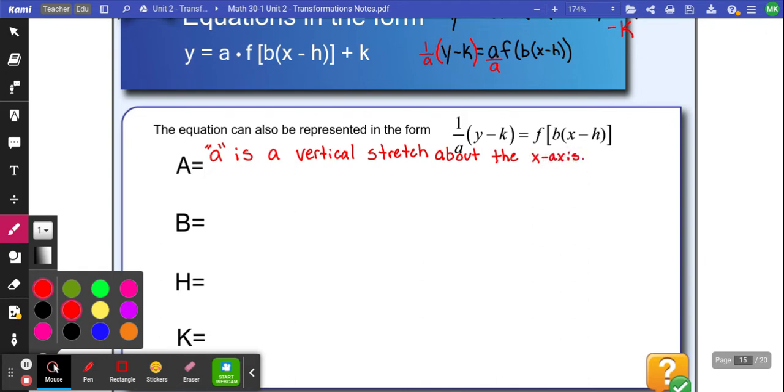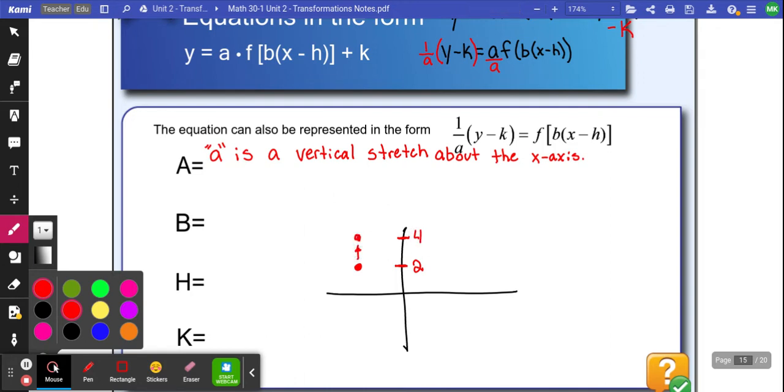Yeah, Caden. And it's the x-axis because it's affecting y? Yes, because if you think about it like this, you're affecting the y value of a point. So pretend that y value is at 2. If I vertically stretched it by 2, the y value would become 4. Agreed?